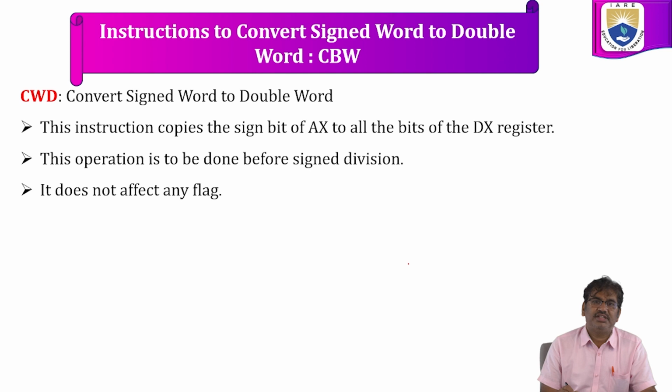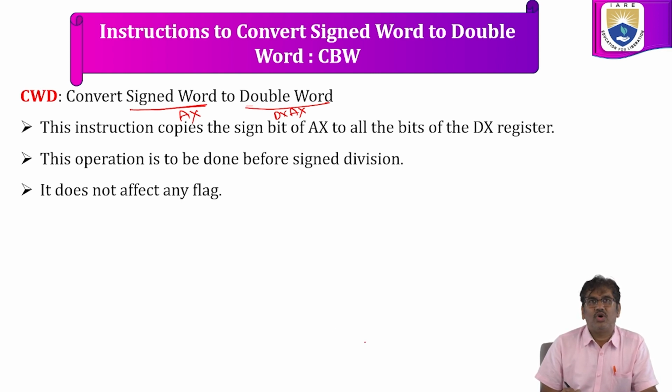The next instruction is CWD, which is convert word to double word. Here also it is a zero operand instruction. Whatever data is taken as signed data in the AX register, which is a signed word, will be converted into a double word, and the result we can see in the DX AX register pair.